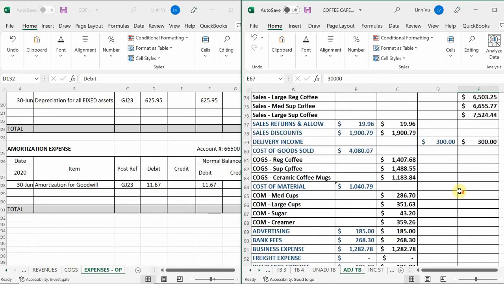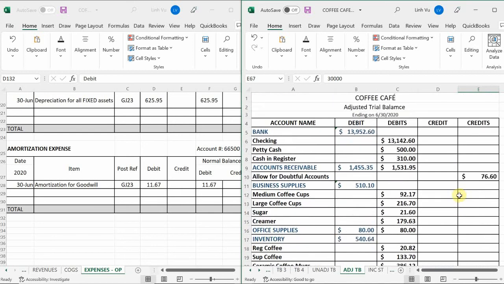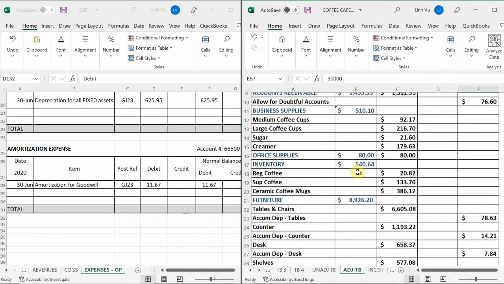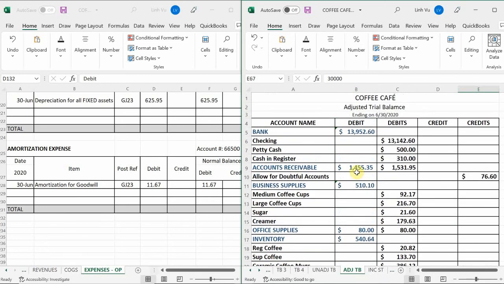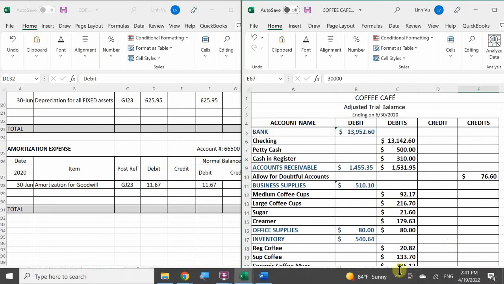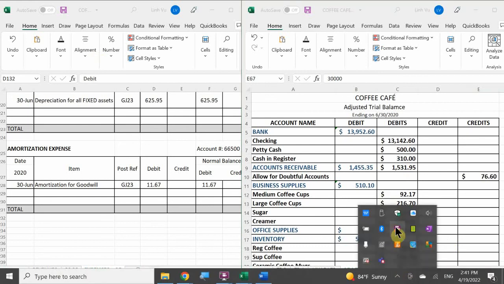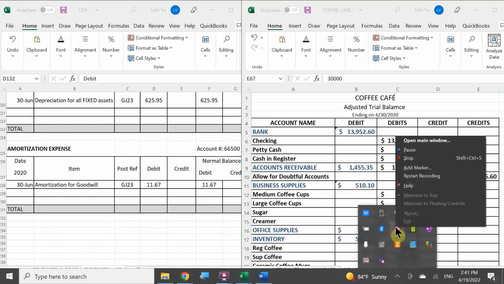Yay, that means we can move on forward to the next step, which is going to be doing the financial statements. So right now, save your work.